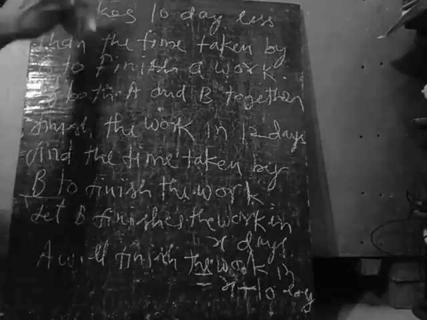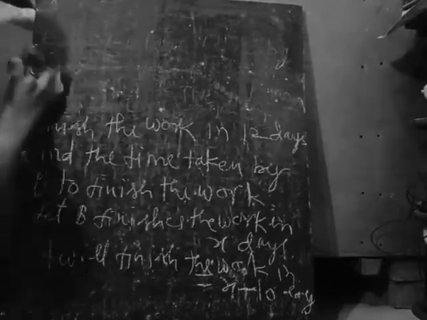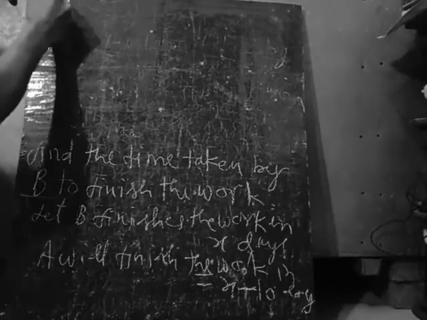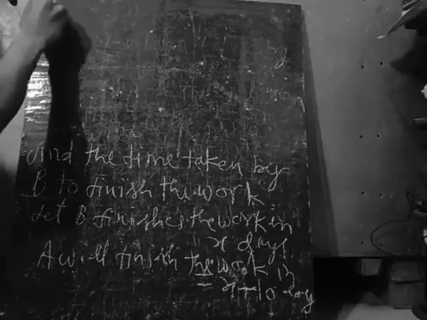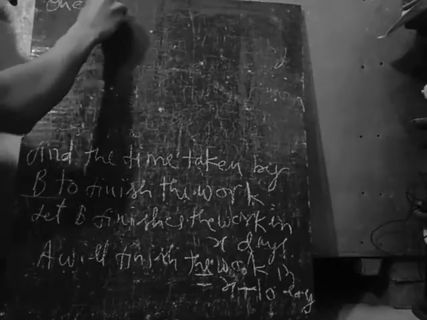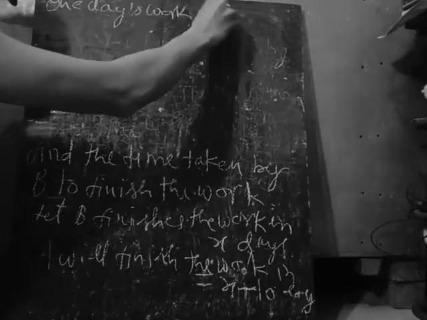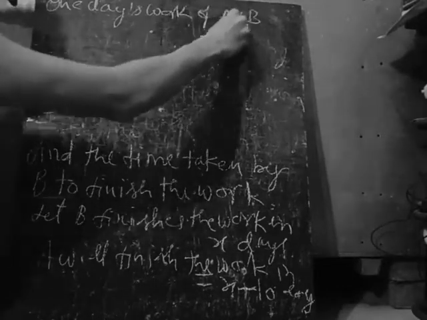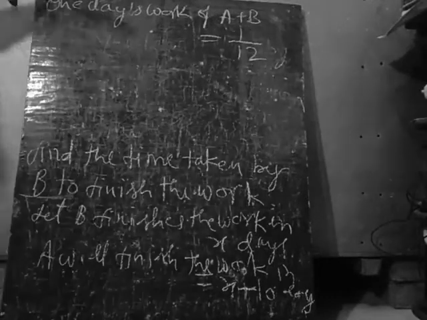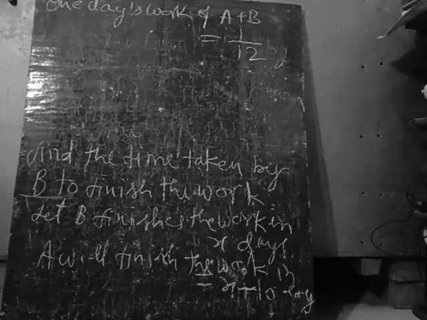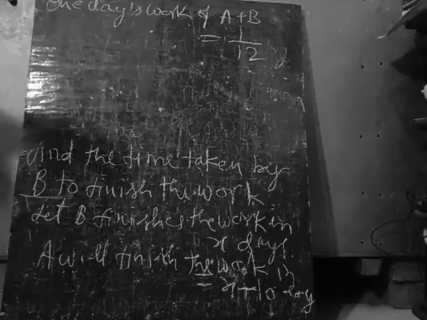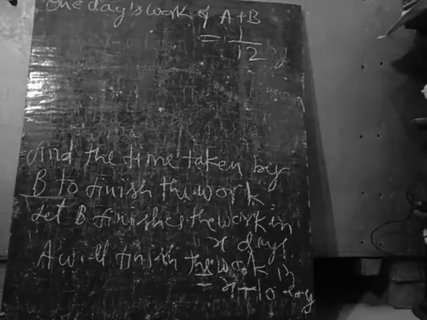Now, they both finish the work in 12 days. So 1 day's work of A plus B is equal to 1 upon 12. 1 day's work is equal to 1 upon the time taken to complete the work.